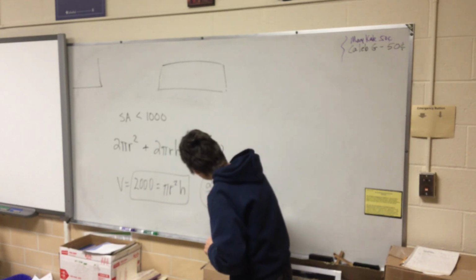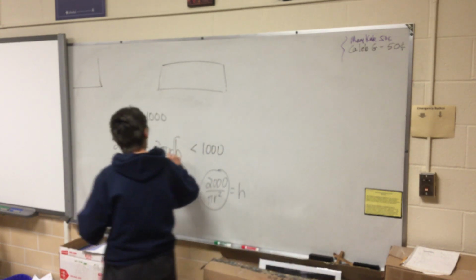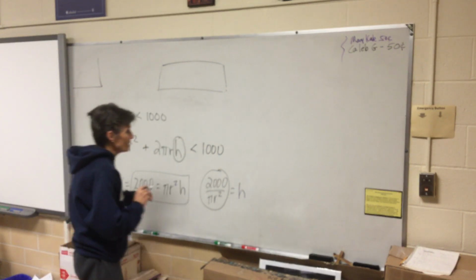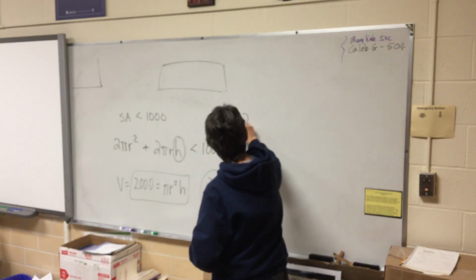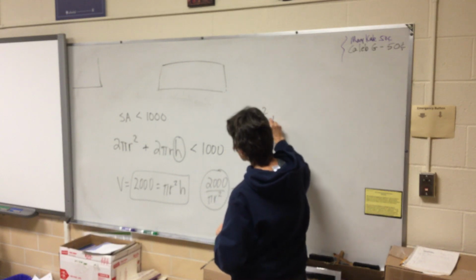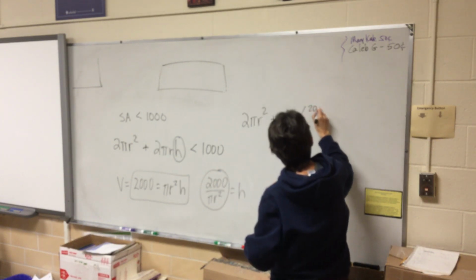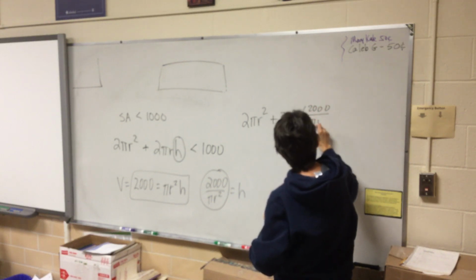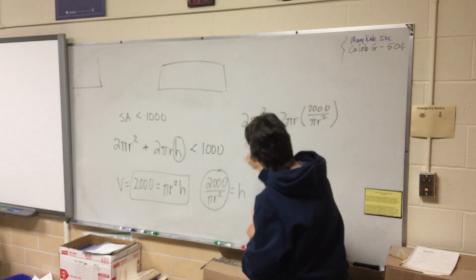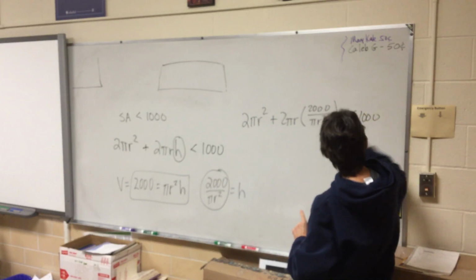And then I can take this and plug it in here. So now my equation is 2 pi r squared plus 2 pi r times 2,000 over pi r squared. And that's what I need to be less than 1,000.